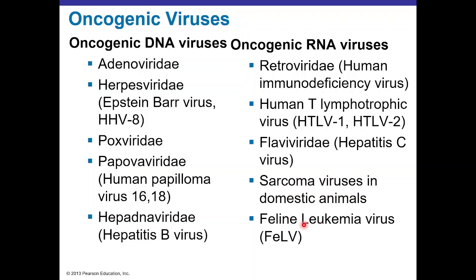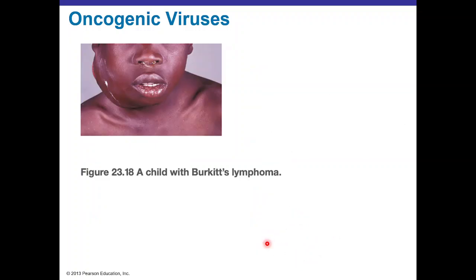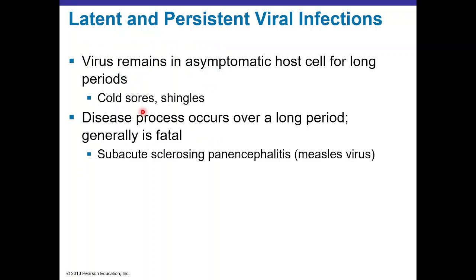We have feline leukemia virus that causes leukemia in cats. And here is just to show you an example of an oncogenic virus. Here we have a tumor within the neck. This is what we call Burkitt's lymphoma, which is caused by a DNA oncogenic virus.